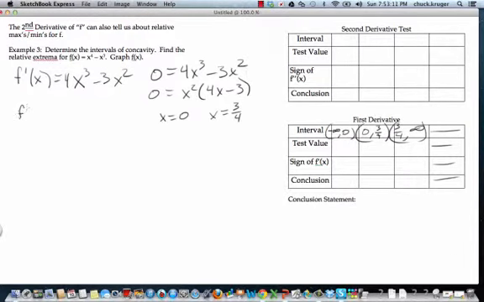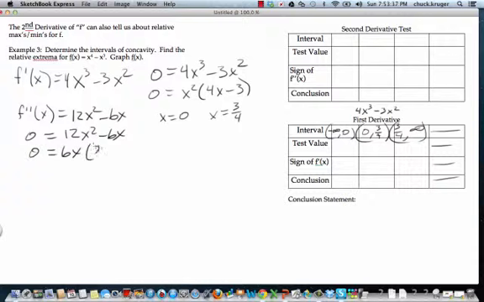My second derivative I'm going to take here. And by the way, I'm going to write my first derivative, and this is a good habit to have, 4x cubed minus 3x squared right above those words. And I'm going to have 12x squared minus 6x. Make that equal to 0. I'm going to factor out a 6x and get 2x minus 1.